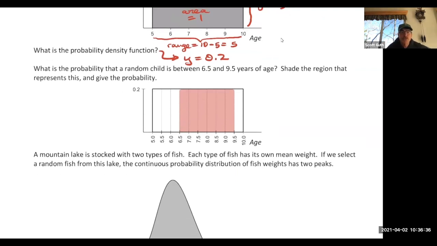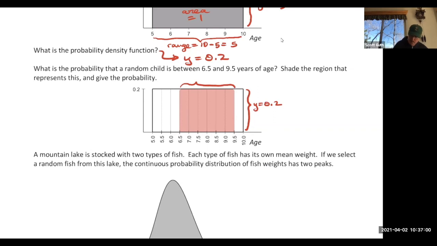Any questions? I need the base and the height. I know the height is 1/5, which is 0.2. That's the height of my pink rectangle. I need the width of that rectangle to compute its area.